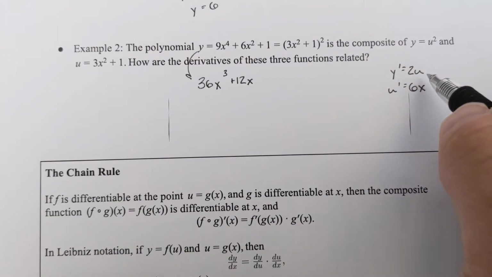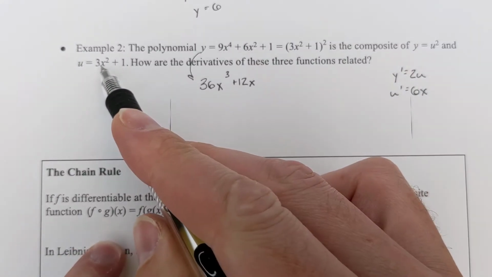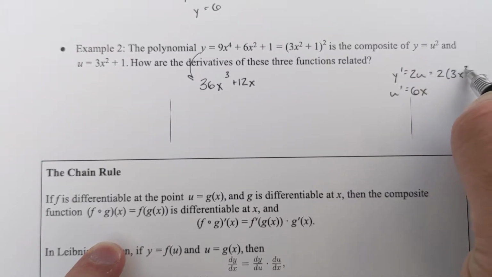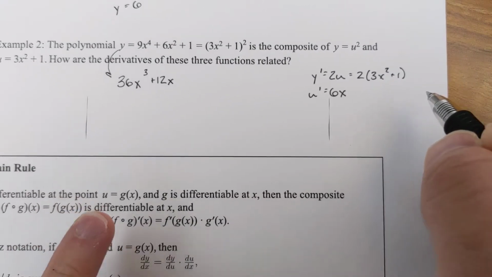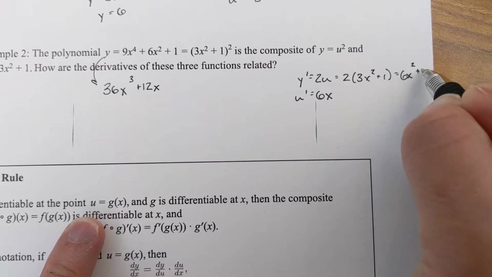Now, the thing is, if u is equal to 3x squared plus 1, this becomes 2 times 3x squared plus 1, which is the same thing as 6x squared plus 2.